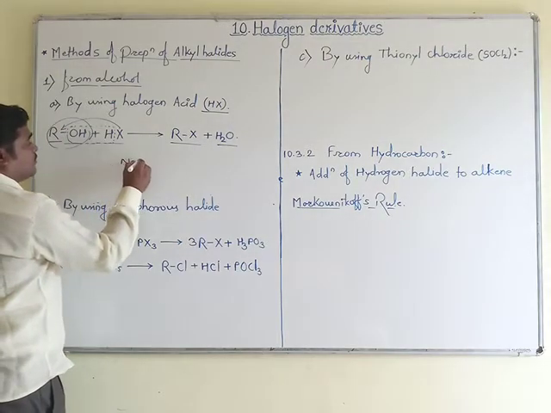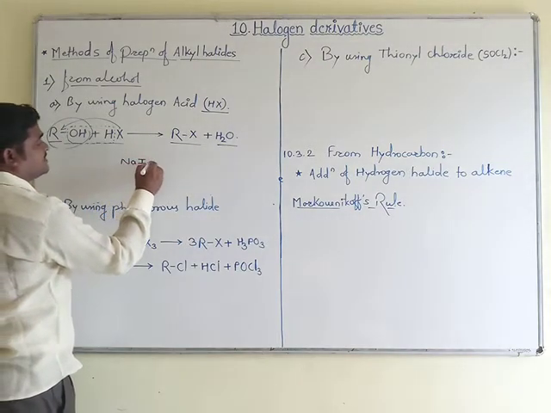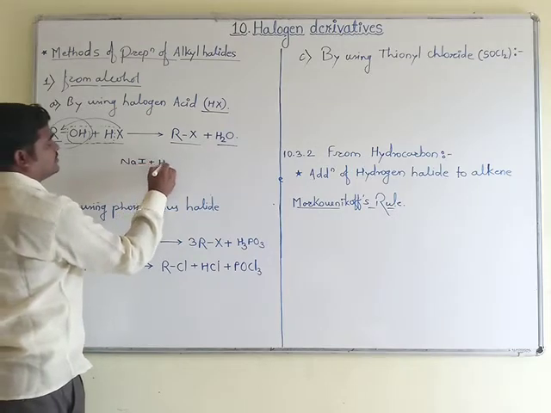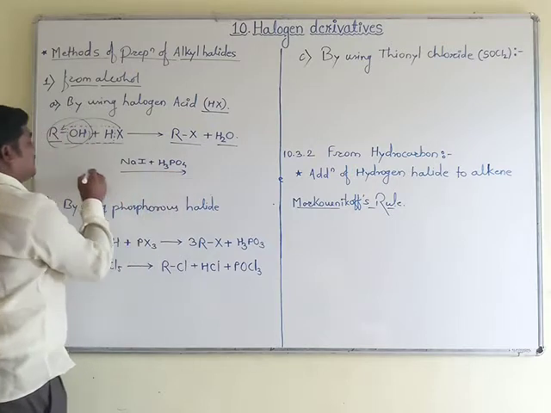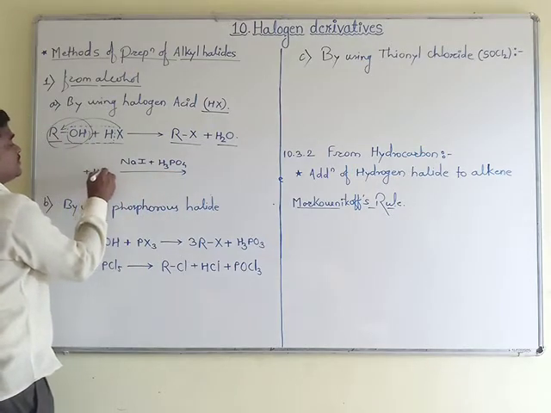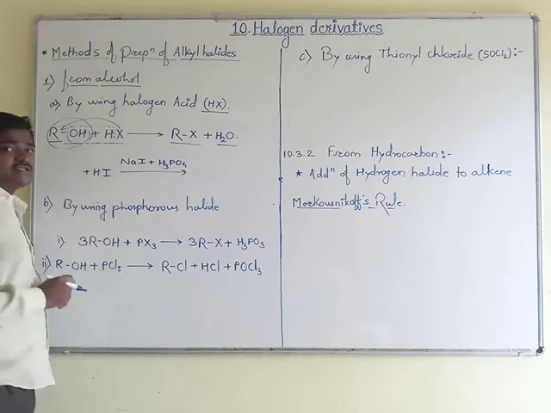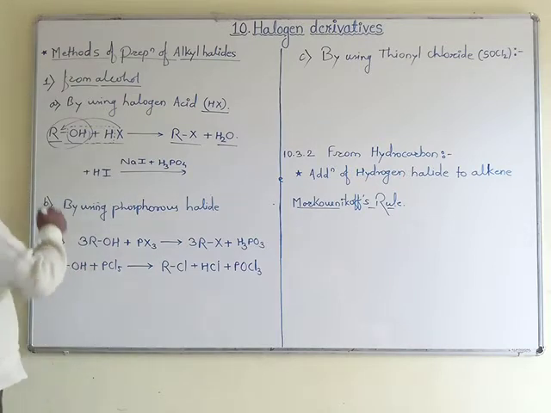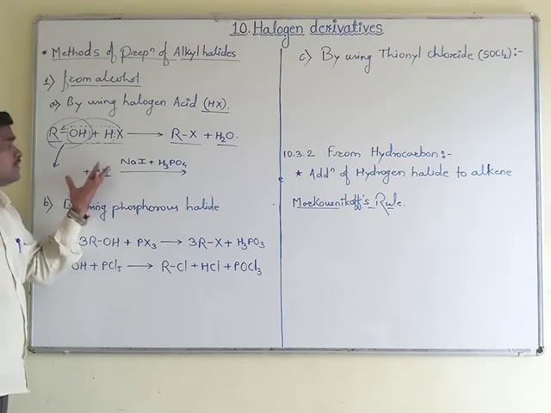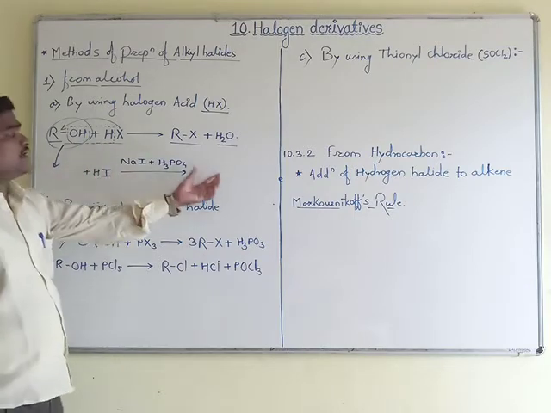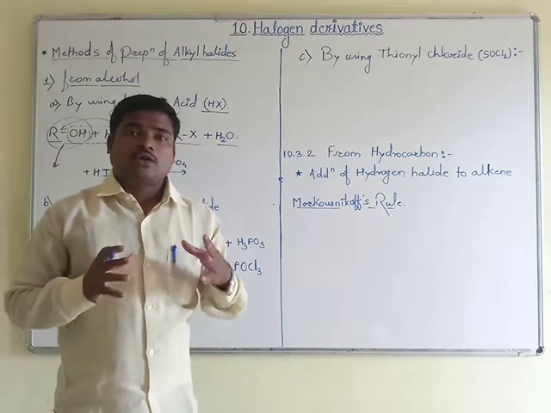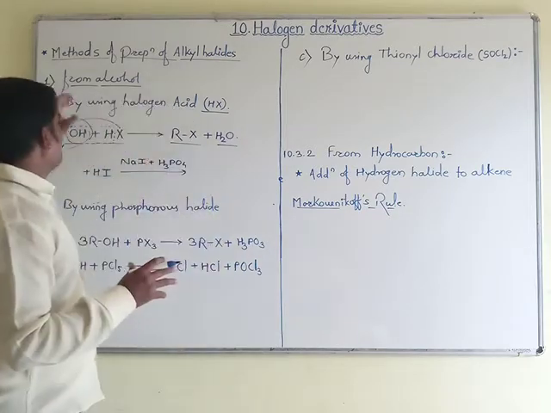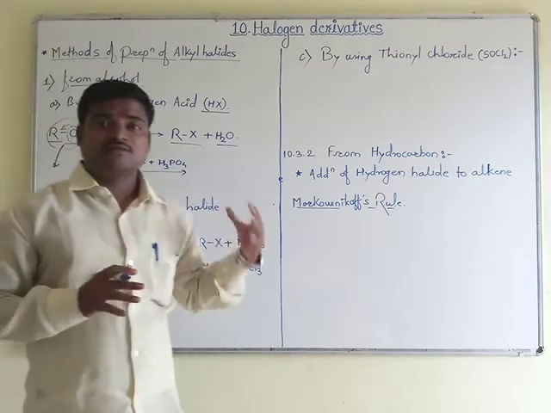That is, on the arrow you should write these reagents NaI along with H3PO4. And here you can write hydroiodic acid, that is HI. Again, you take its corresponding alcohol and react with HI, and you will get its corresponding alkyl iodide. So these are all the methods of preparation from alcohol that we have seen in this point.